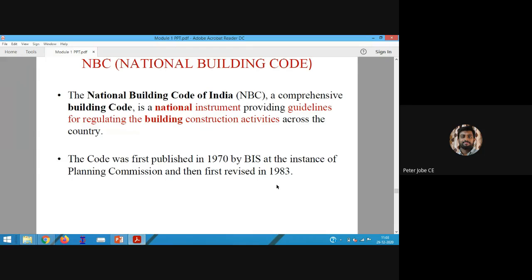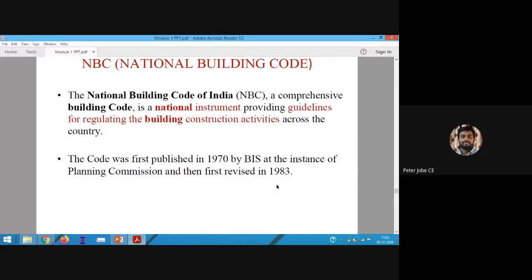The code was first published in 1970 by BIS at the instance of the Planning Commission, and then first revised in 1983. BIS means Bureau of Indian Standards. From now you will hear the term BIS a lot, because BIS has a standard for everything that's manufactured.